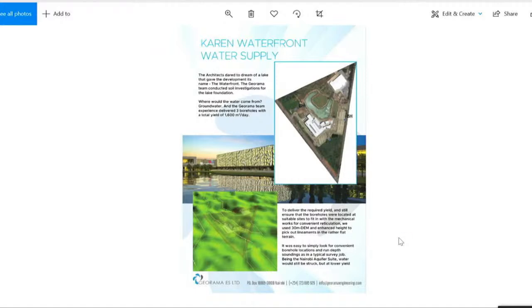So we had to locate 3 boreholes at particular locations to be able to provide that, and it worked well. So basically, it's an example of how you could use DEM to be more accurate and to actually not just site boreholes, but to produce boreholes.